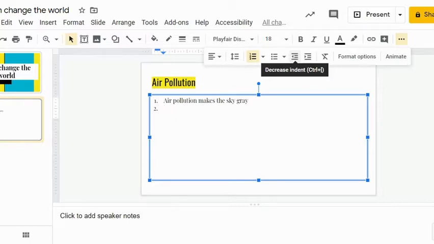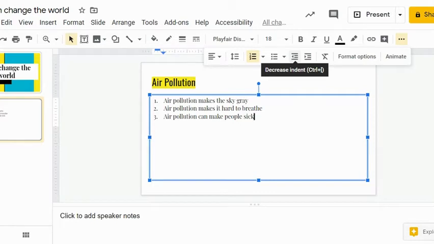Number 2, air pollution makes it hard to breathe. The second thing about air pollution, I'm going to come up with 3 things. A third thing about air pollution can make people sick.